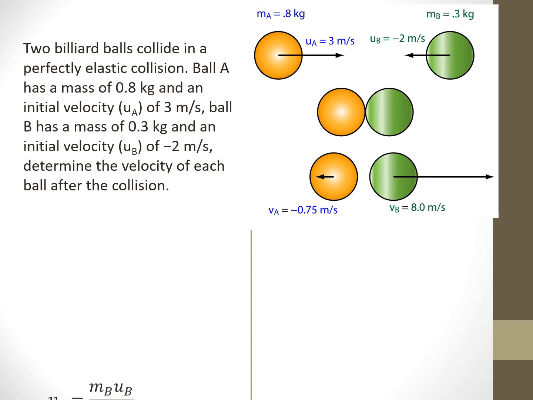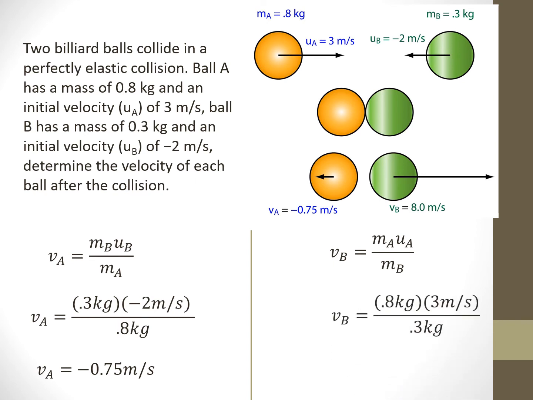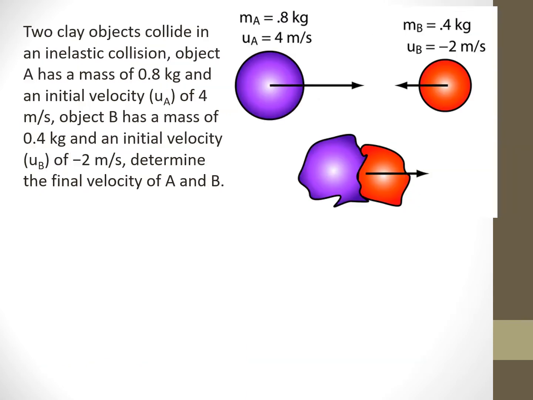Using our equation, VA is equal to MBUB all over MA, we can substitute the given quantities and get a final answer of negative 0.75 meter per second. While for VB, we will be using the equation MAUA over MB, and we get a final answer of 8 meters per second.